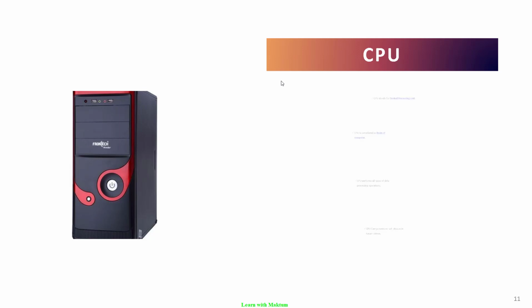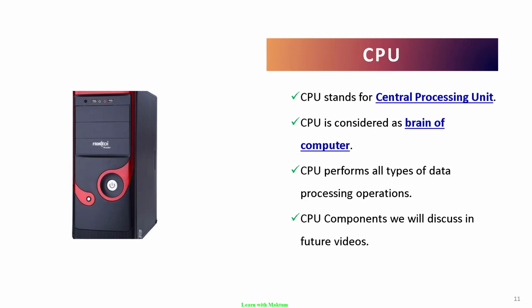Then moving on to the last part, which is the main part of computer, that is CPU. CPU stands for Central Processing Unit. The name itself says it is a center for the processing, and it is considered as the brain of computer because whatever processing should be done will be done inside the CPU.